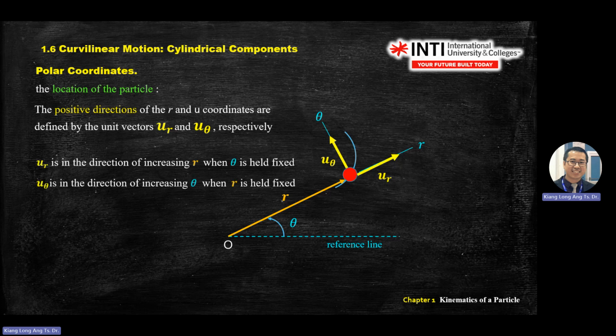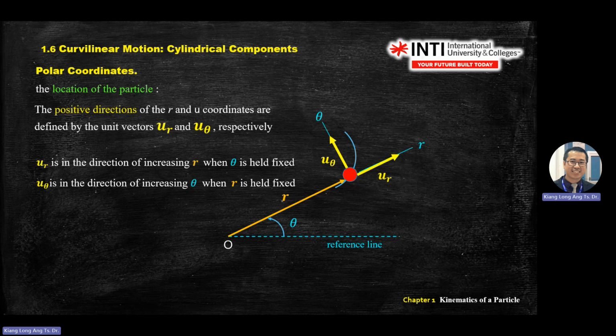The rest you read. So ur direction is increasing r when theta is fixed, meaning theta you fix, you do not move. This axis is positive in this direction. Unit vector increasing r. So in this direction, this theta is increasing when r is fixed.